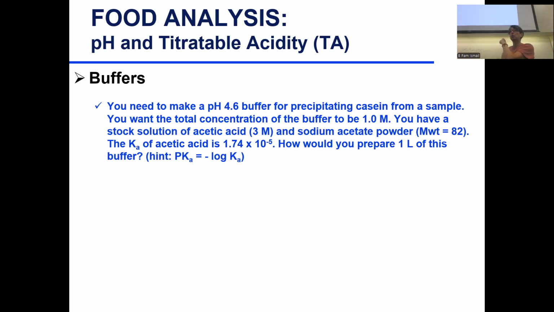So the final concentration of the acid I want in my 1 liter of buffer is here, and my stock solution is 3 molar. Does that make sense, Sophie? Yes. Okay, thank you for asking. All right, so what is my X in this case? Who has that? Tina.